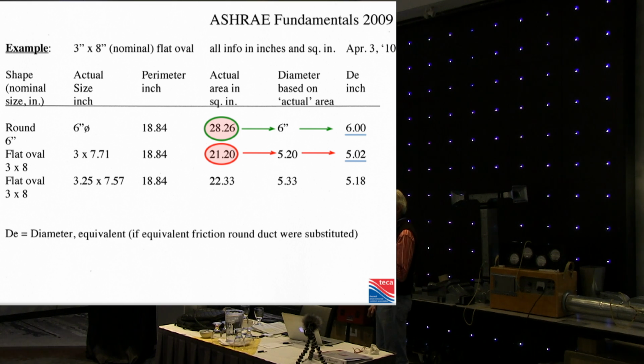But that doesn't tell the whole story, because aerodynamically the best duct you can buy is a round one, because it encloses the most square inches for the least friction surfaces, which is the perimeter sheet metal. So by the time you take that consideration into account as well with the dead ends of that oval, you've ended up with a 6-inch duct becoming a 5-inch duct, but it's still labeled as a 6-inch duct. It's being installed as a 6-inch duct as an equivalent, but the only equivalency between the two, excuse me, is the weight.